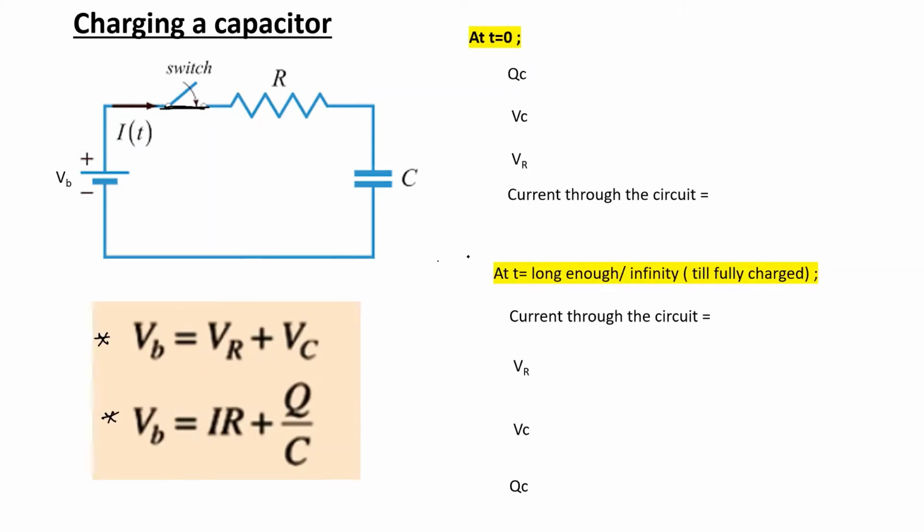The moment I close the circuit, is my capacitor charged? No, right? I haven't even started charging the capacitor. We know we connected a capacitor which is not charged. So the moment I close the switch, still it is not charged. So at t equals 0, the charge in my capacitor is 0, right?